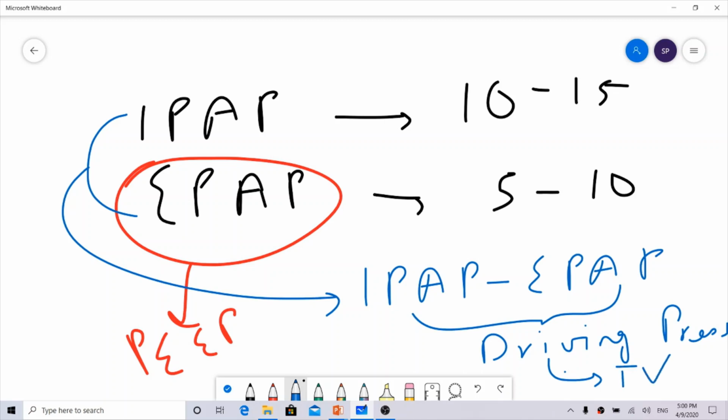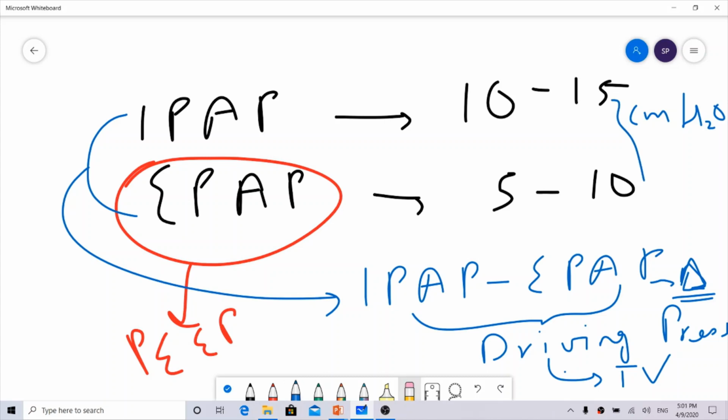How much air you will be ventilating to the patient is determined by IPAP minus EPAP, which many times you call delta. So the tidal volume is determined by IPAP minus EPAP, and the EPAP basically determines the PEEP. And this pressure is in centimeters of water.